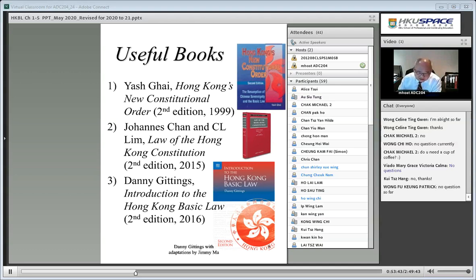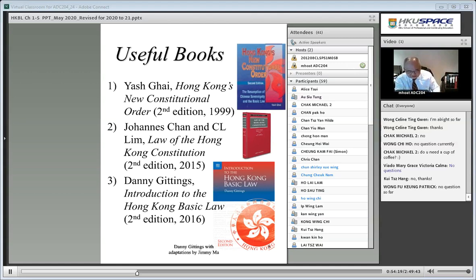Some of you might ask, do I have to read these books, or are they only, as they say, useful? I don't have the time, so what do I do? Well, for the purpose of the examination, it should be enough for you to know what is in the manual, and at the same time understand things that are covered in class.